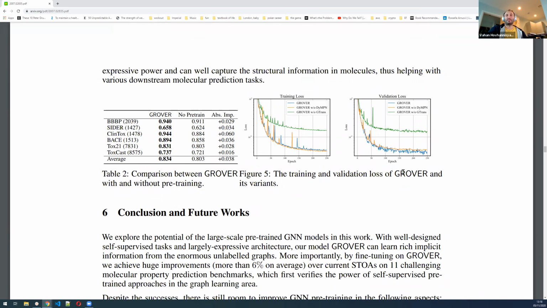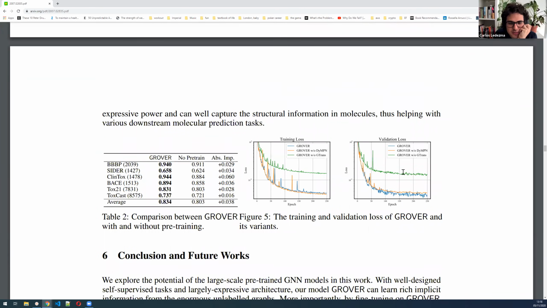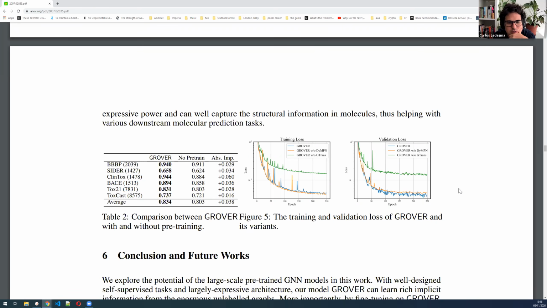Questions? I have a comment about the dynamic thing. From those curves, it doesn't seem like you gain much from the dynamic. Well, just slightly for regularization. Yeah, a little bit of validation loss. Do they make a comment about whether there's a computational cost to dynamically choosing the number of steps?